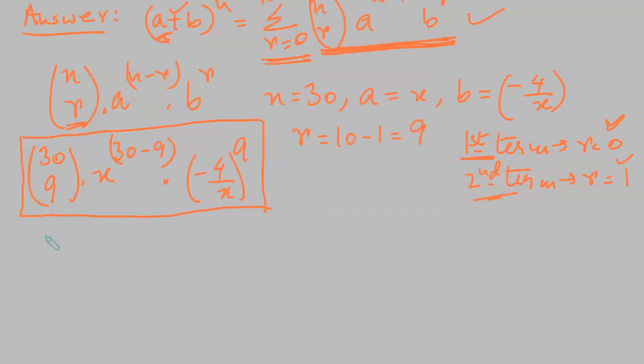So it is 14307150 times x to the power of 30 minus 9, which is 21. So x to the power of 21 times, what is negative 4 to the power of 9?